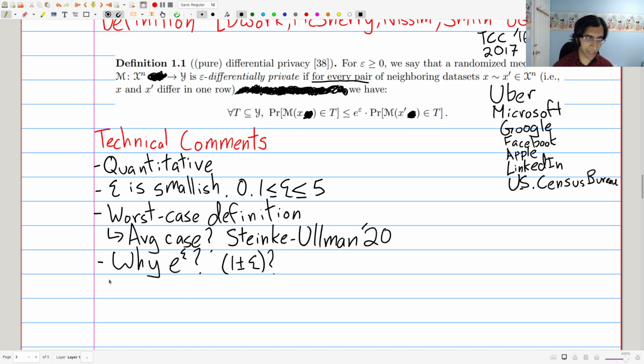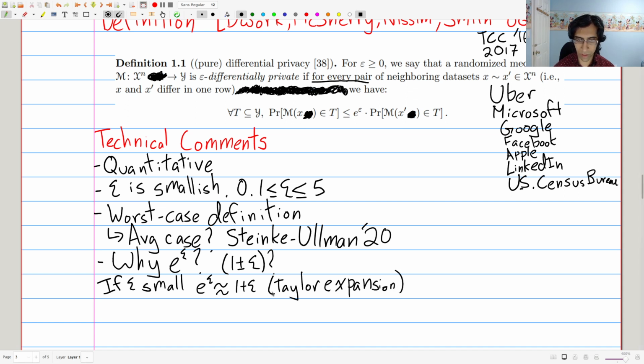First of all, I'll claim that if epsilon is small, then these are actually similar in the sense that e to the epsilon is approximately equal to 1 plus epsilon, and this is by a Taylor expansion. I recommend you verify this by yourself, but trust me when I say that for small epsilon, these are roughly the same. Of course, you can see that if you set epsilon equal to 10, these will be very different, but for small epsilon, they're comparable.